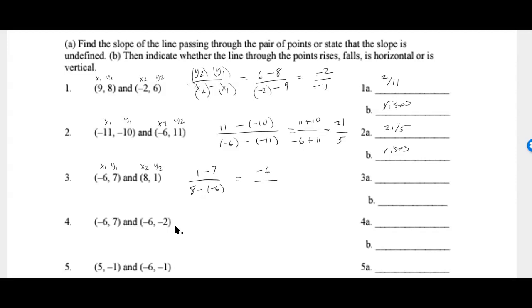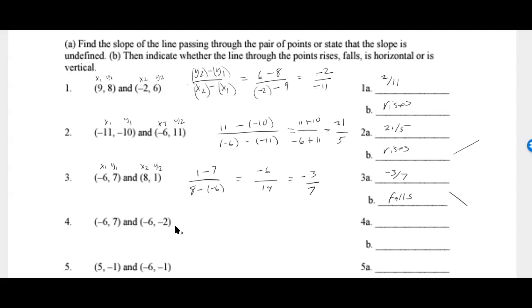Subtracting a -6, 8 plus 6 is 14. I would reduce that fraction to be -3 over 7 because 6 and 14 both divide by 2. So this is -3/7, and this one falls because it has a negative slope. So rises goes like that, falls goes like that.